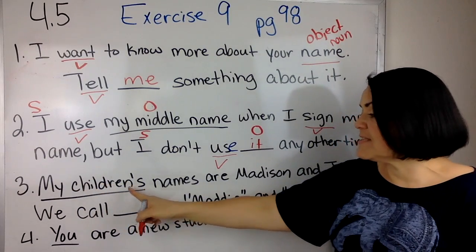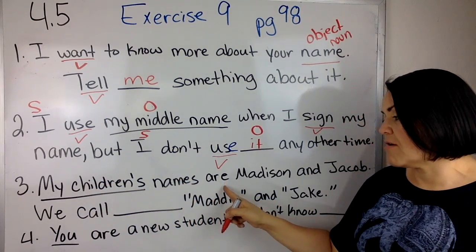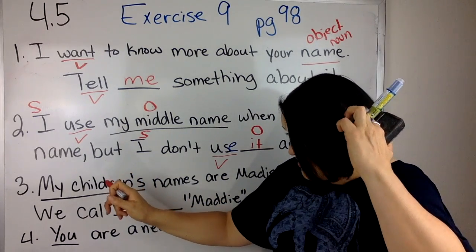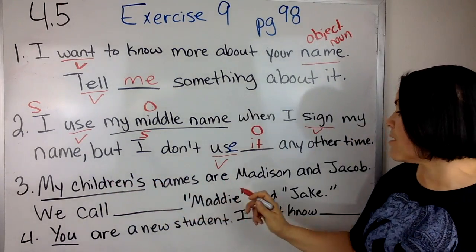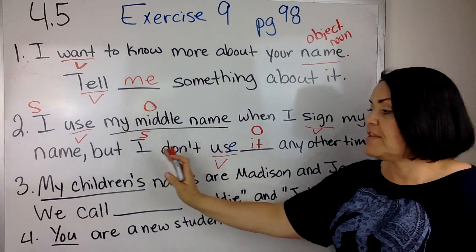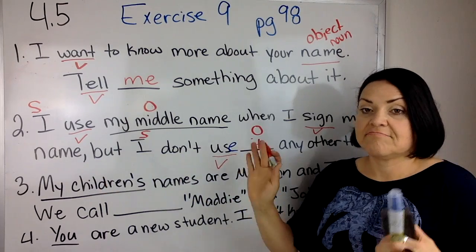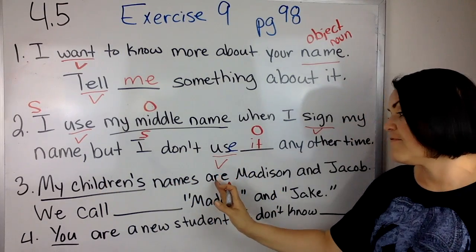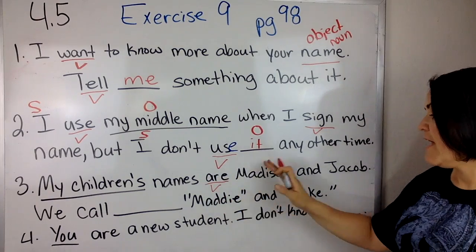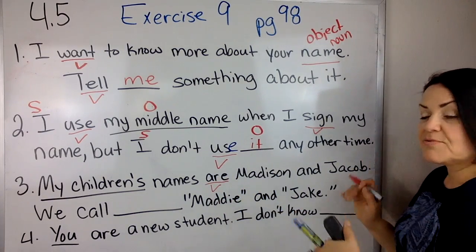My children's names are, so we have, my children's names are Madison and Jacob. So this side of the sentence is the subject area, verb. Make sure we put verb. And then this is the object. This is receiving it.